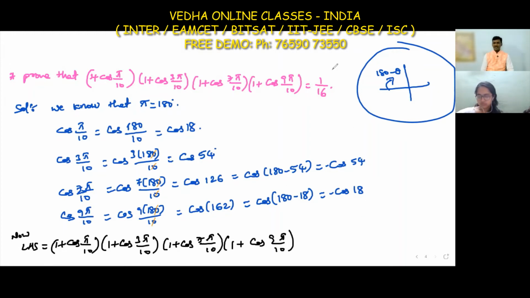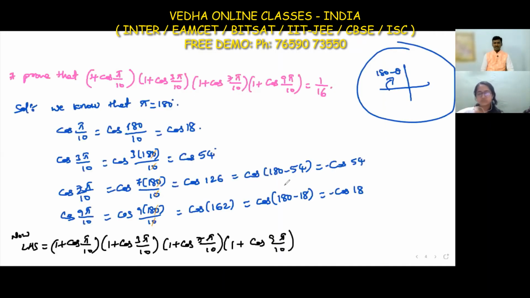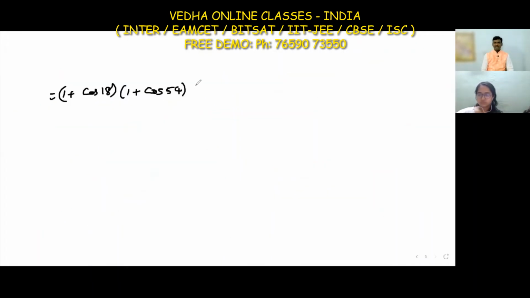1 plus cos 18 degrees, and 1 plus cos 54. The next value is minus cos 54, minus cos 18. So 1 plus of minus means 1 minus cos 54, and 1 minus cos 18.